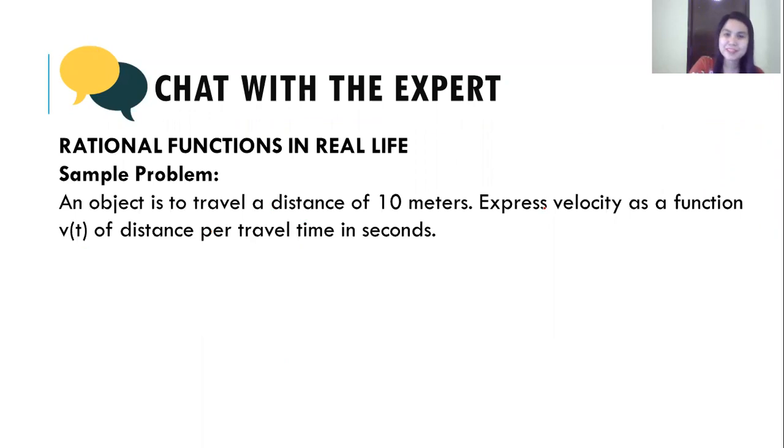Okay, now we need to express velocity. That's v of t. What is it a function of? Distance, that's our d, per travel time. Let's have it as t, okay?